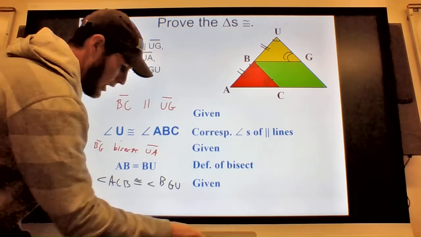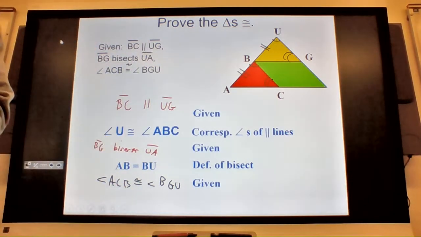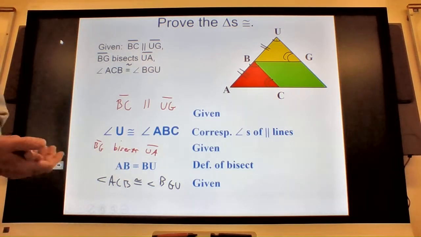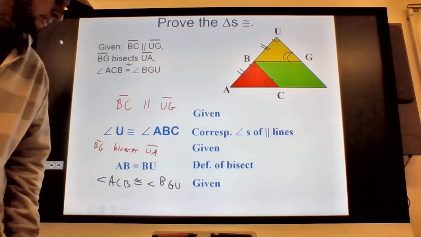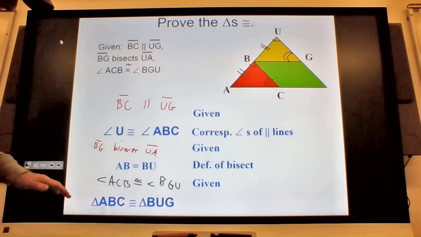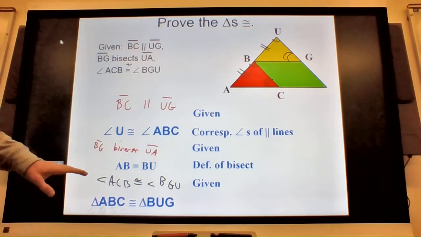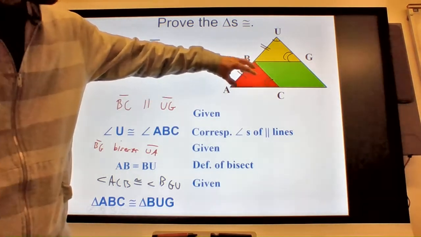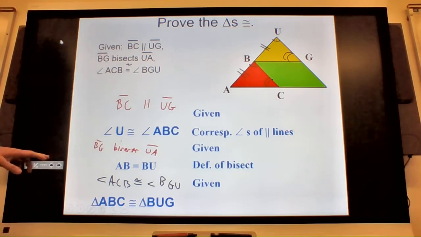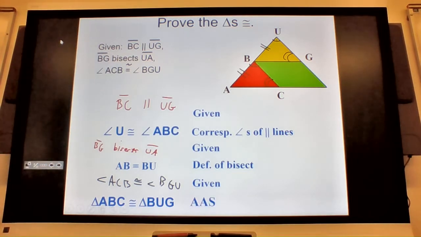Absolutely. I kind of use congruence and equality interchangeably, just like I did in this one a minute ago. Perfectly fine to do that for our class. But you need the angle symbols. You need to talk about angles here because the next step, I'm later on talking about the triangles, which is different. Triangle ABC, the red triangle, is congruent to BUG, correct letter order on there, by angle side.